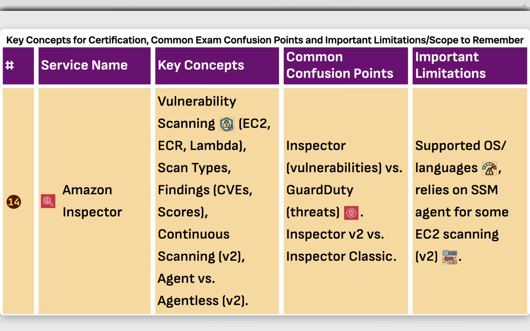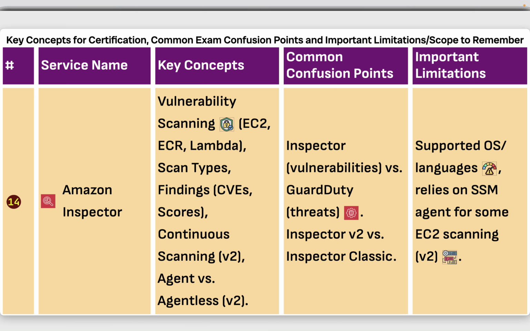Next, Amazon Inspector. Key concepts are vulnerability scanning for EC2, Elastic Container Registry, ECR, and Lambda, scan types, findings, which can be CVEs and scores, continuous scanning, V2, and there is agent versus agentless. So there is a newer version of this service, V2. Some confusion can be Inspector, which is this service, mostly for vulnerabilities, versus GuardDuty, which is for threats.